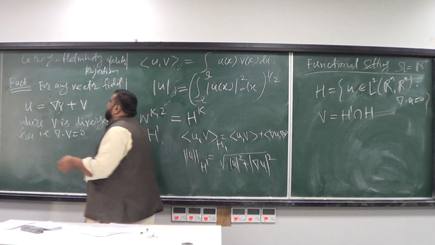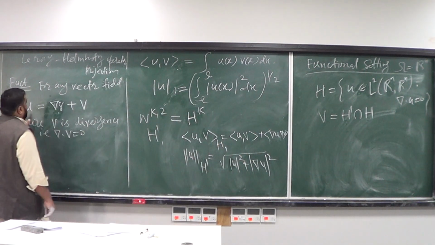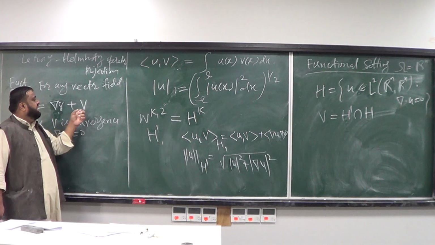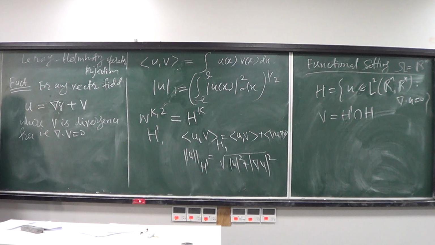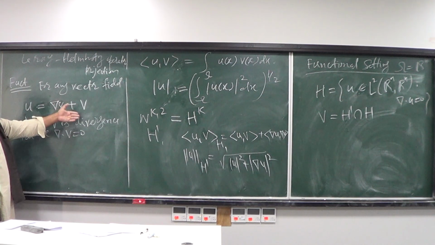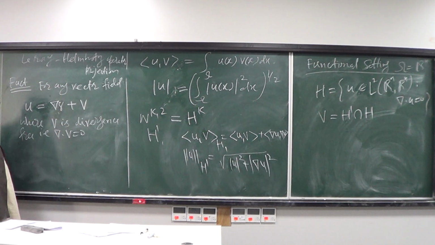In other words, for any vector field U, you can break it down into a gradient plus V, where V is divergence free. So every U can be broken down into two parts where V is a divergence free vector field.